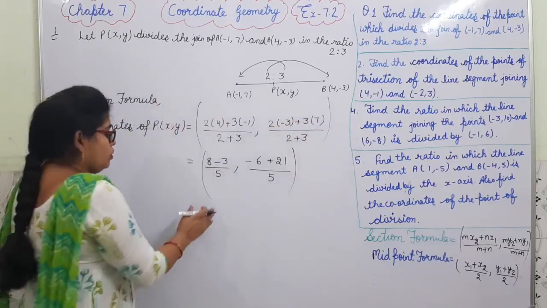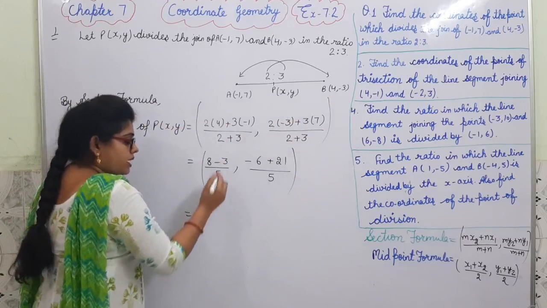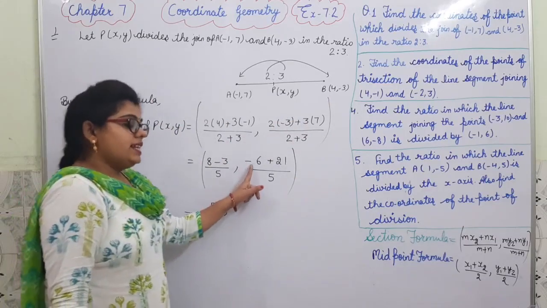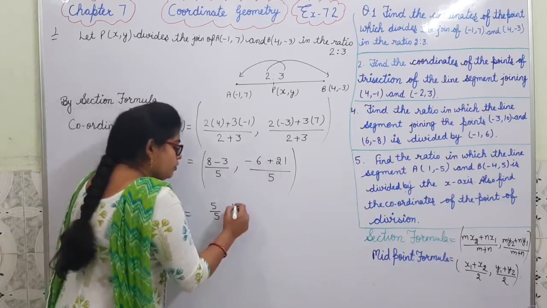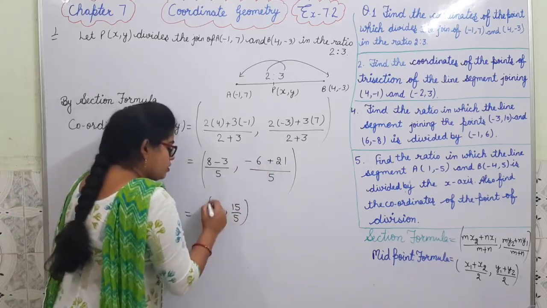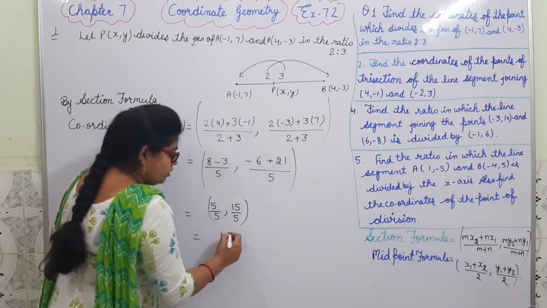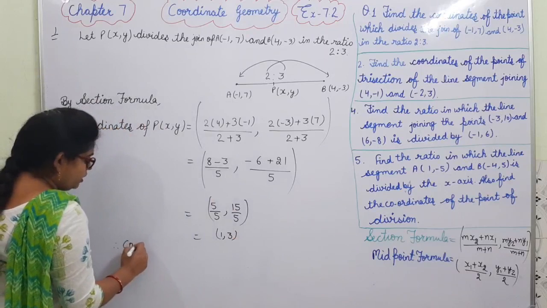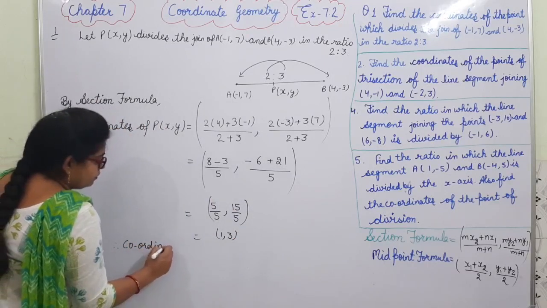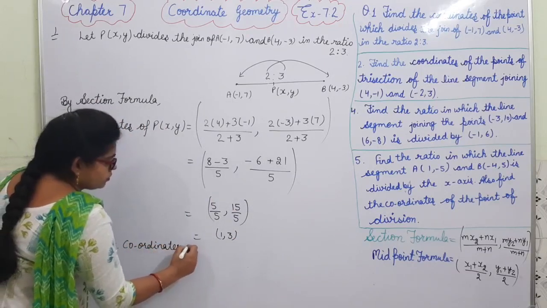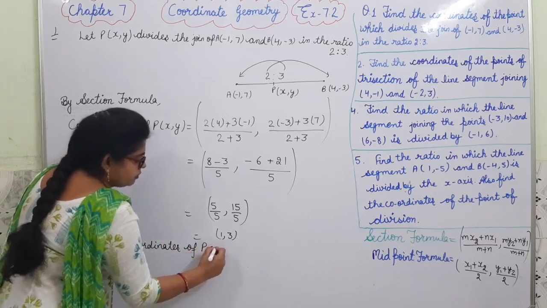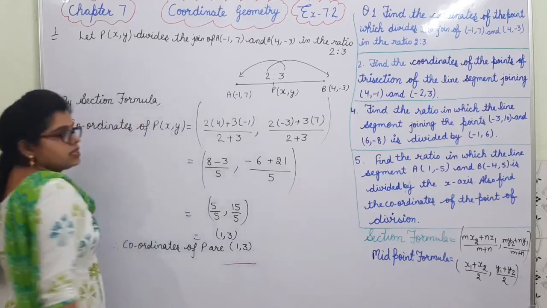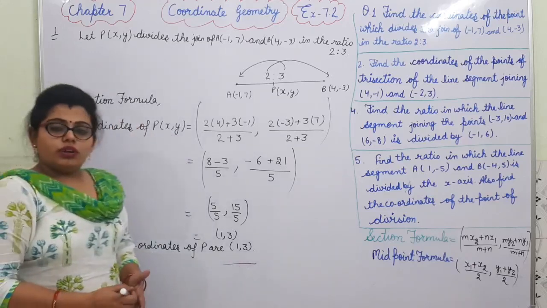Now when you solve it, 8 minus 3 is 5, 5 by 5, comma, minus 6 plus 21 means 15 by 5. From here when we solve it, we get 1 and 3. So in the answer we write, coordinates of P are (1, 3). This is our question number 1 of this exercise.